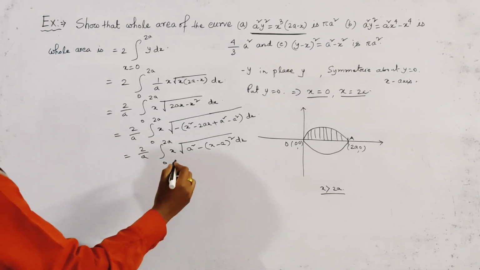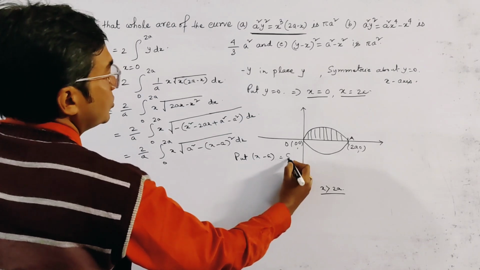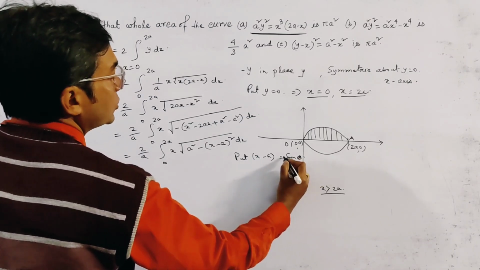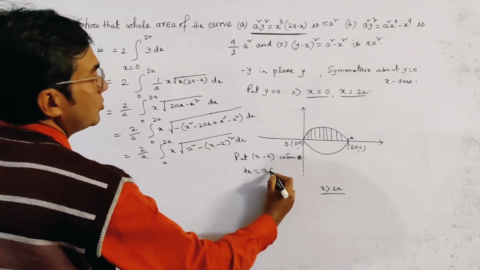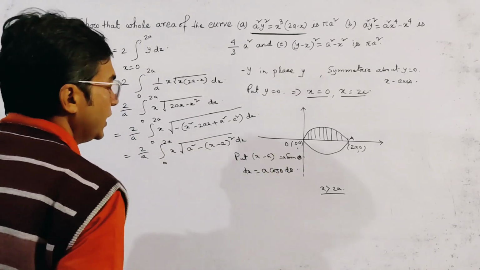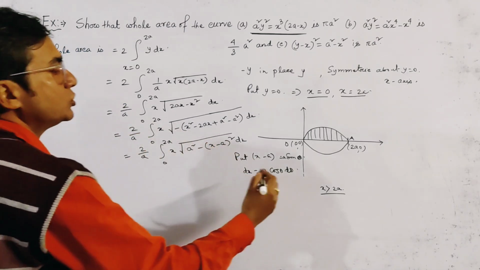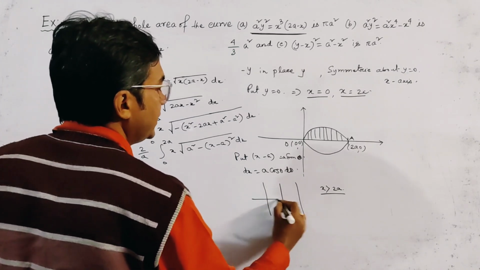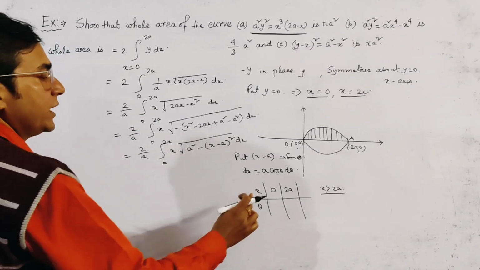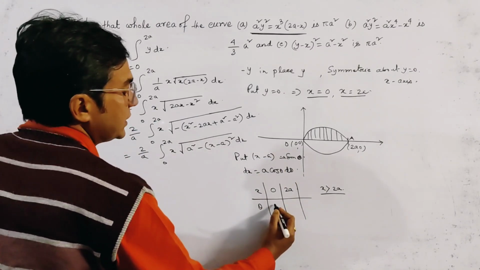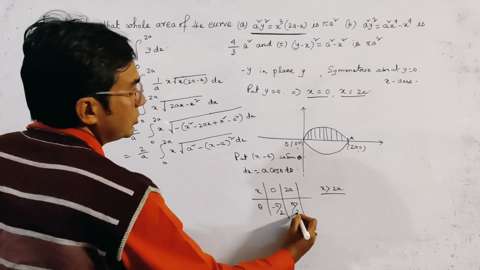Now here we put x minus a equal to a sin theta. Then we get dx equal to a cos theta d theta. Putting the values of dx and x minus a, we also change the limits from x to theta. x equal to 0 gives theta equal to minus pi by 2, and x equal to 2a gives theta equal to pi by 2.